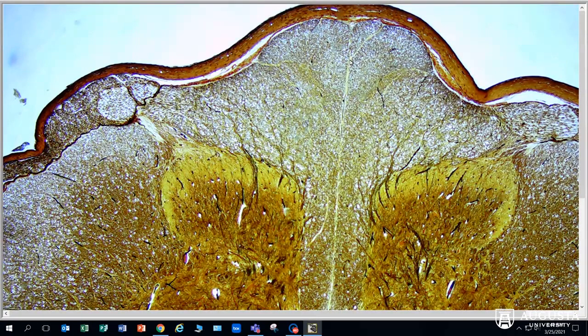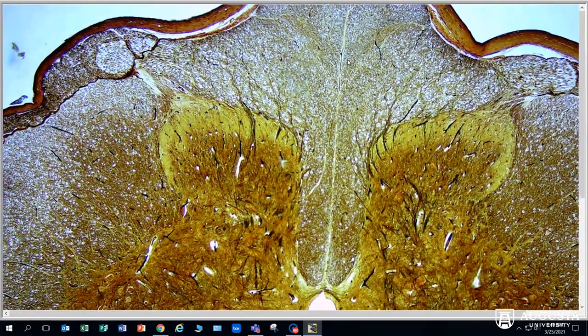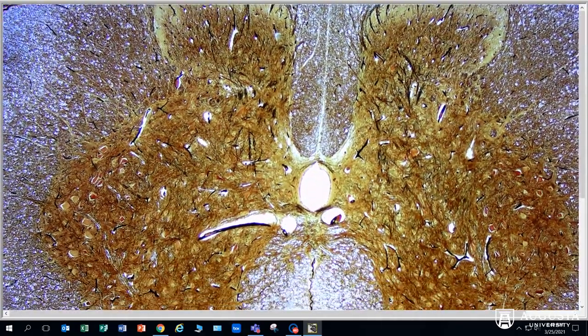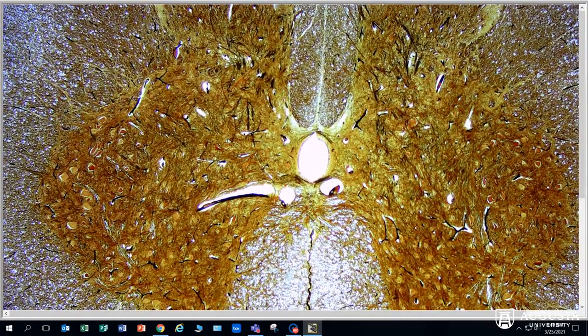This would be the dorsal side, where we have this bulge for the dorsal median sulcus. This matters because the gray matter, which are called the horns, and the white matter, which are called the funiculus, are all named directionally. So if we were to look at the gray matter, we can't really see all of them at the same time, but this is on the dorsal side, so this would be the dorsal horn.